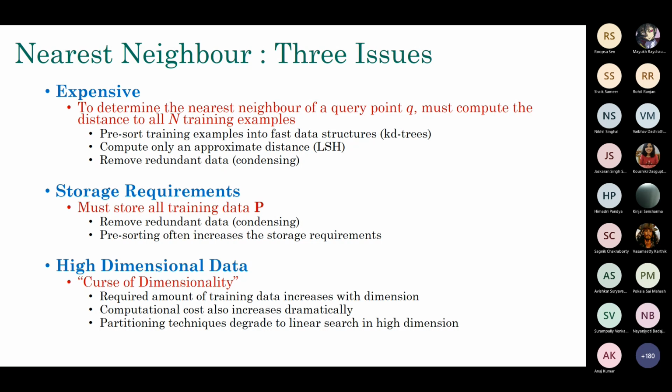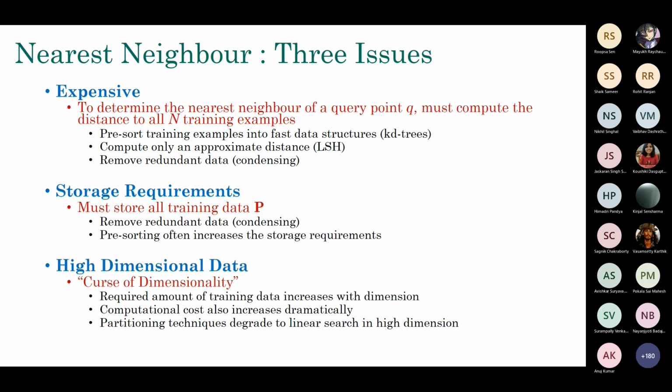Third problem is high dimensional data. By high dimension I mean the number of values in a particular sample is very high, that is, the number of features is very high. Typically you need more training data if you have higher dimensional data. Also, you have to compute the distances between samples, so computation is going to be costly because the number of features is higher.